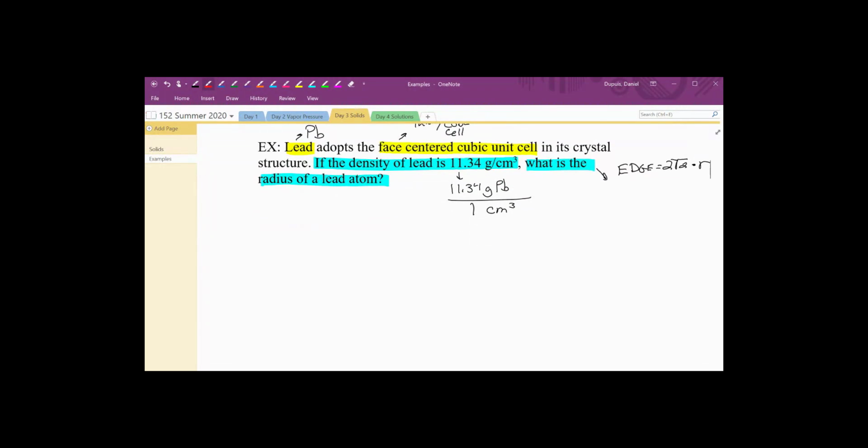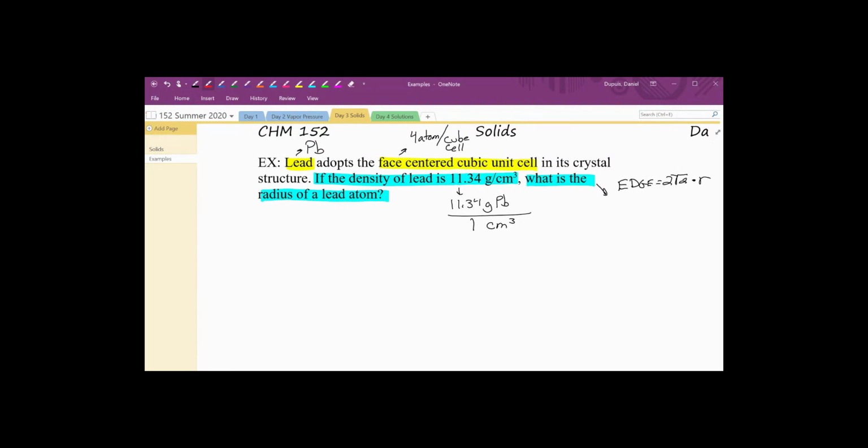So I know I have lead. I know I have 4 atoms per unit cell. I have 4 atoms, so that's what I'm really starting with right here, just the 4 atoms.